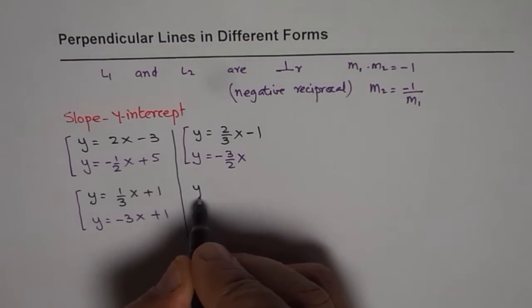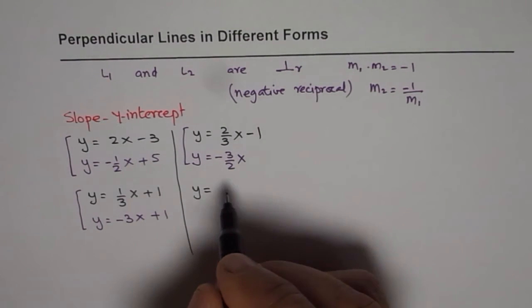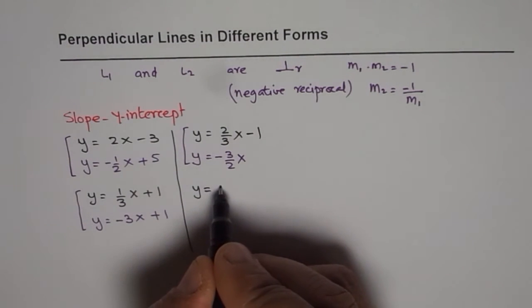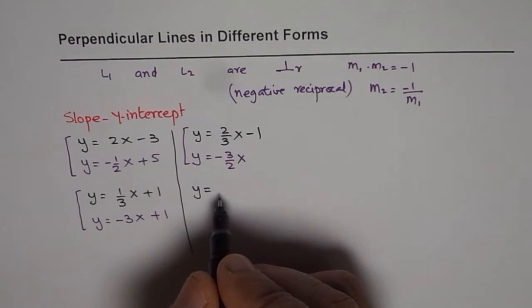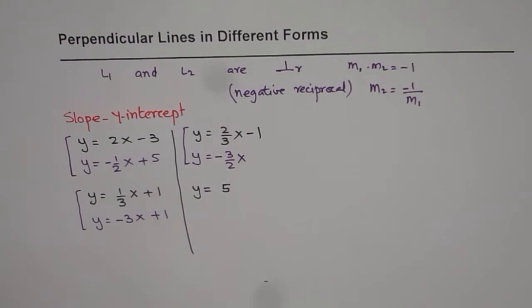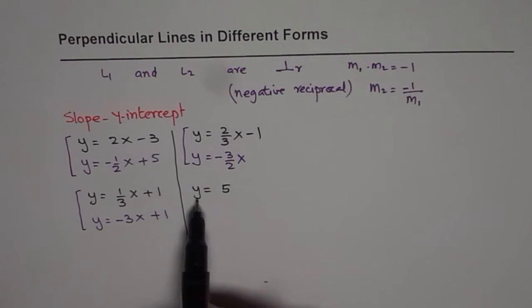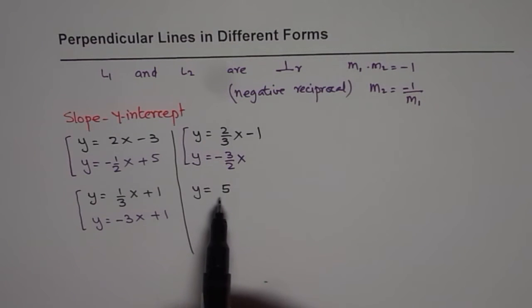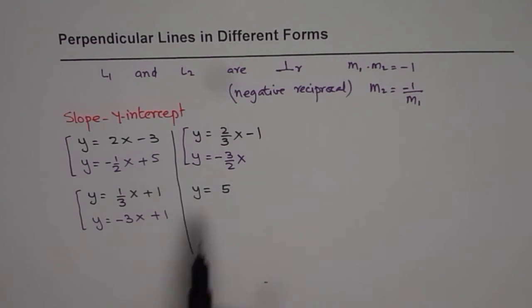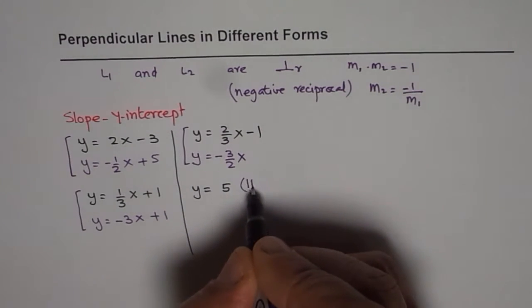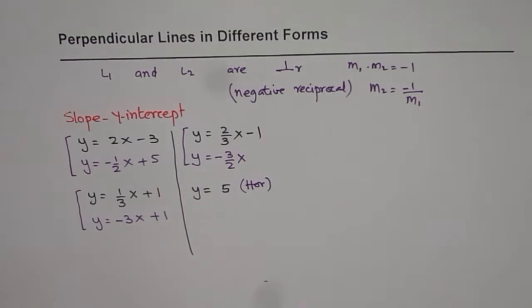Let's take one more example: y equals 5. Now in this case, what is the slope? The slope in this case is 0. So we are looking for a line whose slope is 1 over 0, or undefined. You will notice that y equals 5 is a horizontal line, right? A horizontal line is perpendicular to a vertical line.